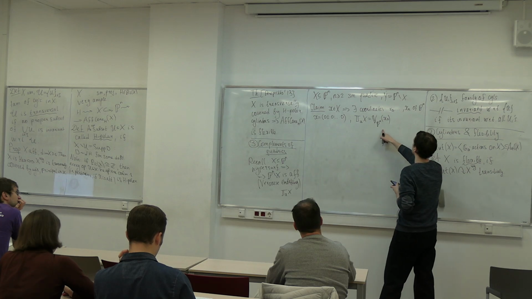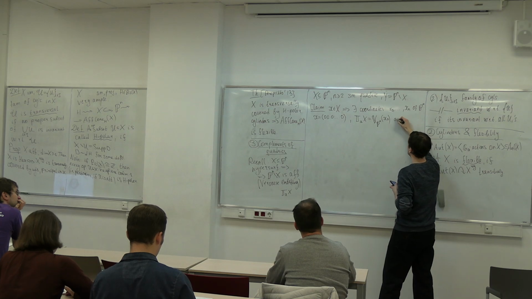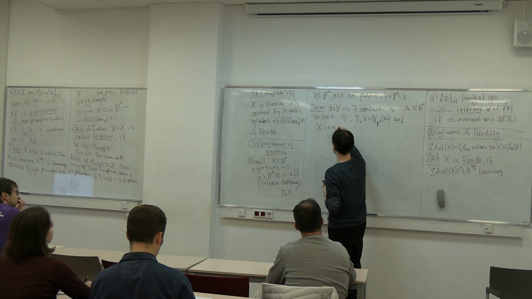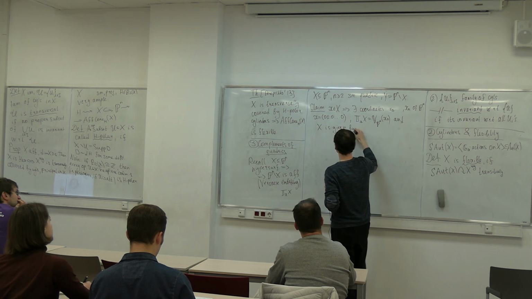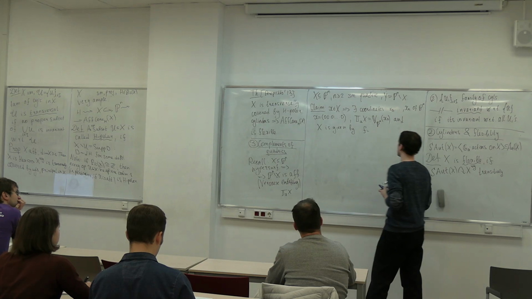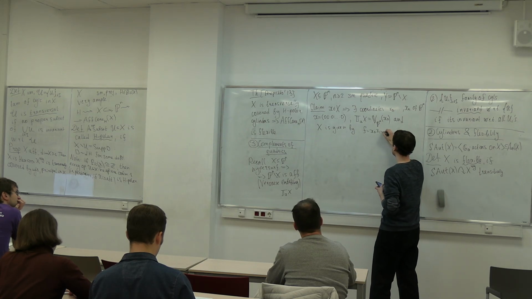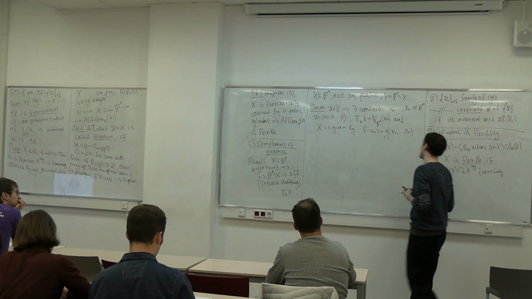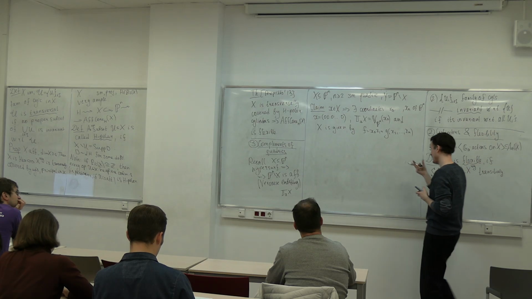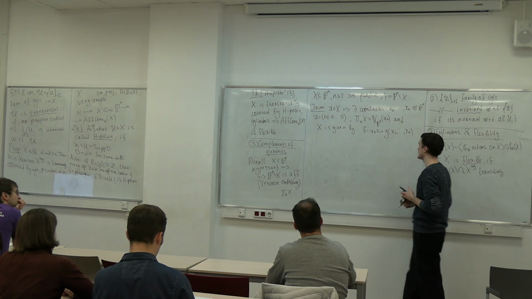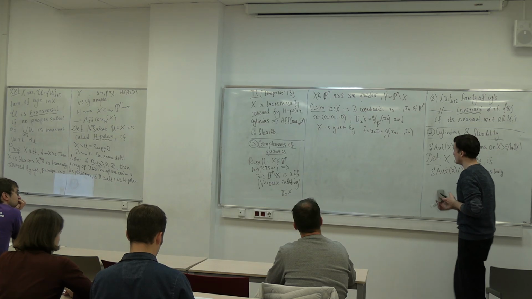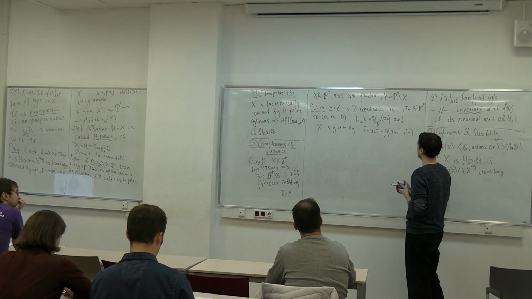That's easily true. And X, the quadric, is given by the quadratic form x0x1 plus g of the rest. So you can always choose the coordinates in this way.